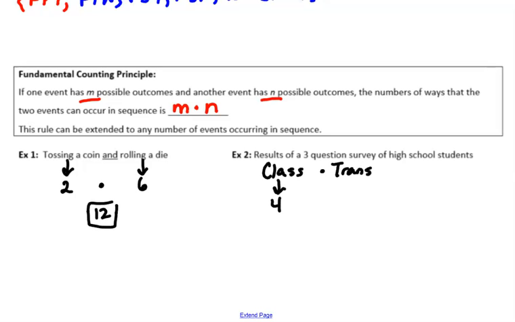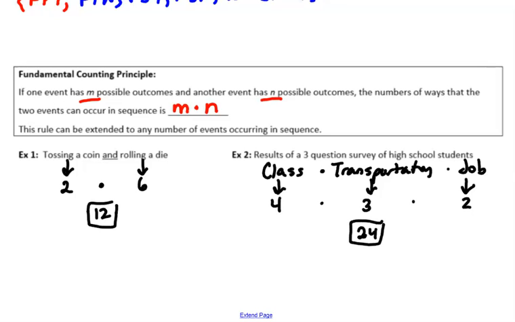Transportation to school, there were 3 possible outcomes. Job, 2 possible outcomes. Multiply them all together. 4 times 3 is 12, times 2 is 24. You can see how the tree diagram is just a picture of the fundamental counting principle.